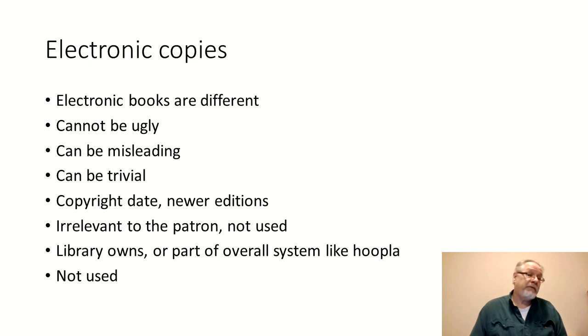They can be trivial and misleading. Let's just say an older medical publication which no longer has current information, you might want to remove them from the database. There are electronic copies of journals that the publisher has actually removed.